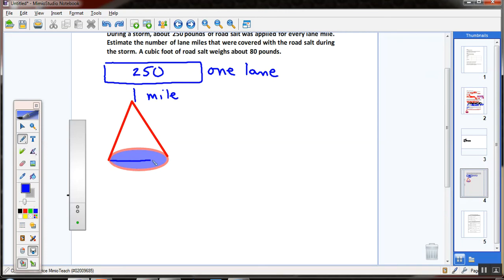So the diameter all the way across this is 24 feet. They gave you a slant height here, kids. What's the slant height? 14 feet, okay.